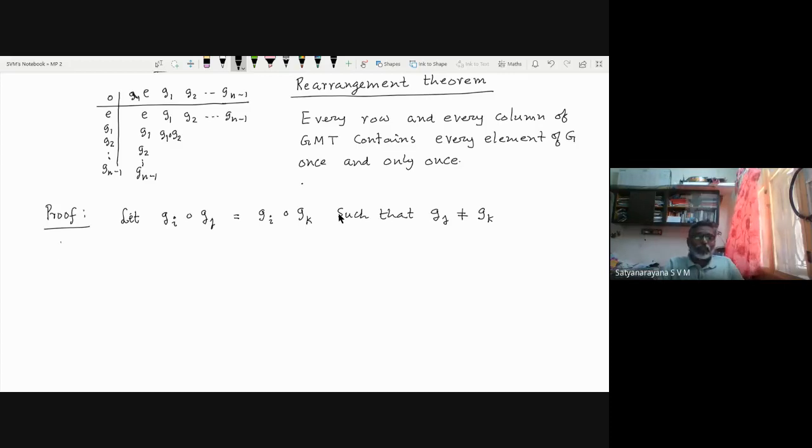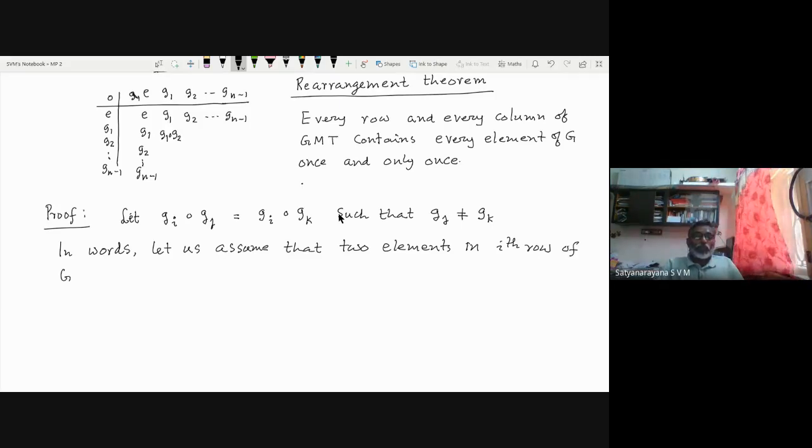So in words, let us assume that two elements in the ith row of the group multiplication table are the same.